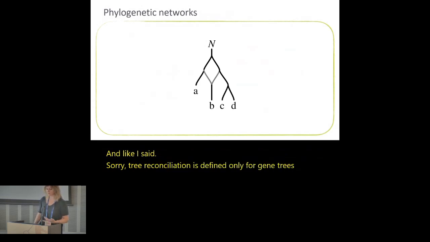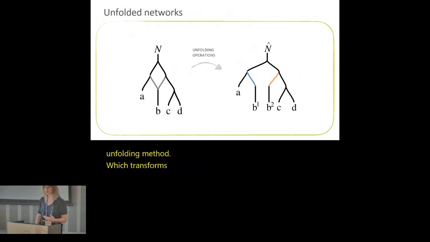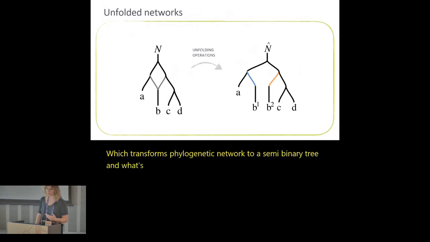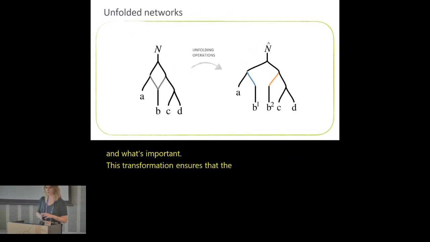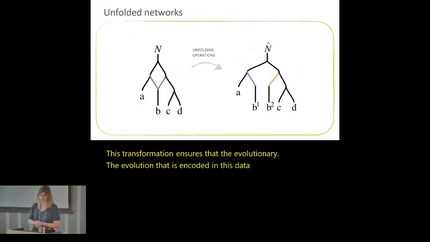To overcome this limitation, we used the network unfolding method, which transforms a phylogenetic network into a semi-binary tree. And what's important, this transformation ensures that the evolution that is encoded in this data is preserved.